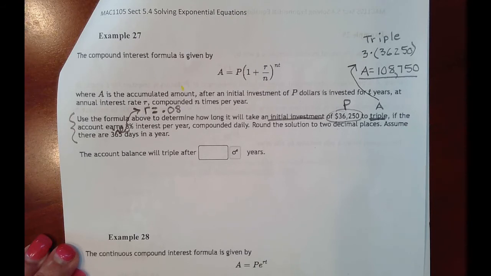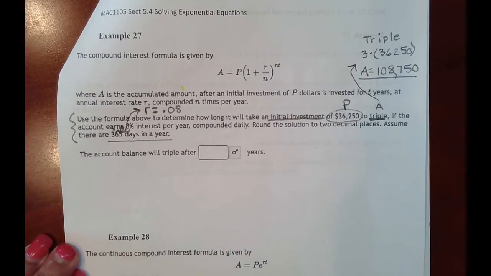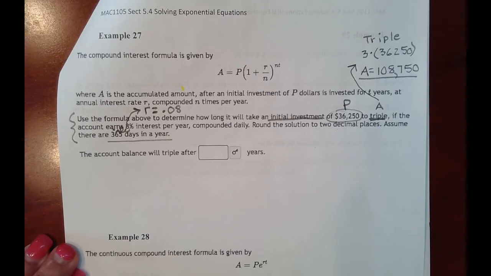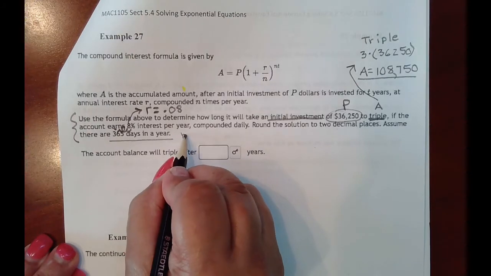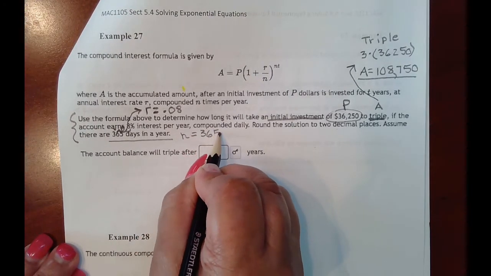So in the course of a year, and they even make a comment right here, 365 days in a year. That is what N stands for. How many times in a year is the bank going to come in and pay you interest? That's what it means to compound. So if they're coming in on a daily basis, they're going to come into your account 365 times and compound that interest.